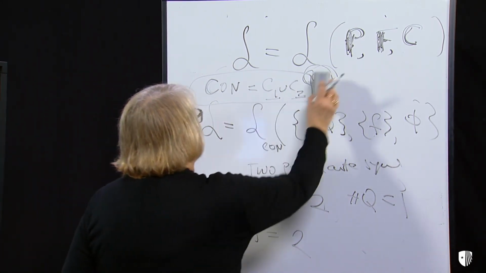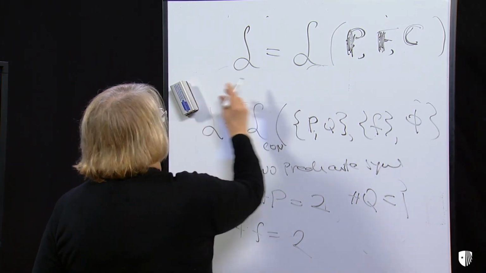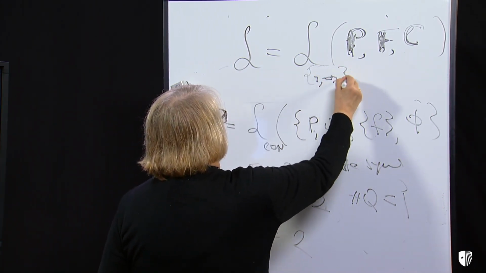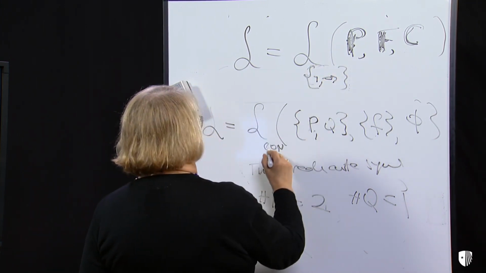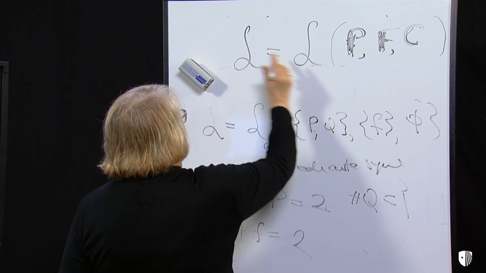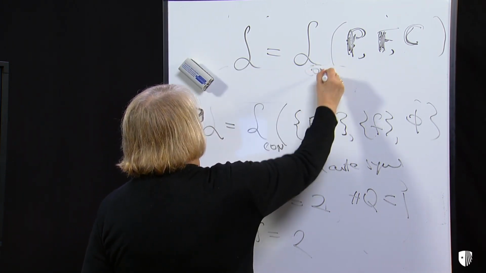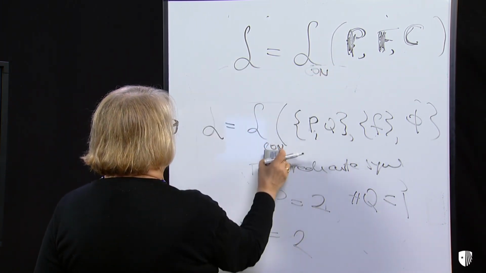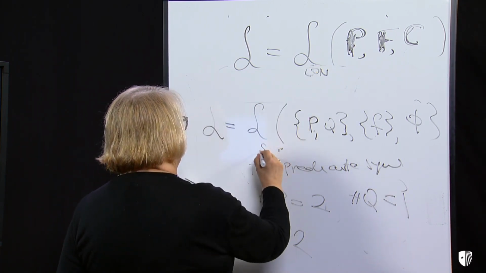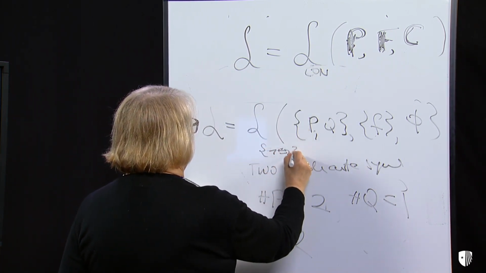For example, we can have a language where I say negation and implication. This is the general form, and here I put, as connectives, negation and implication.